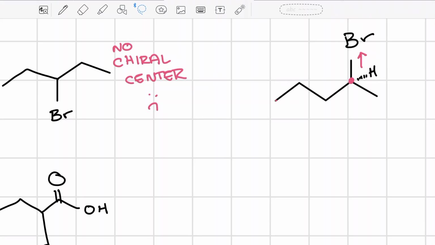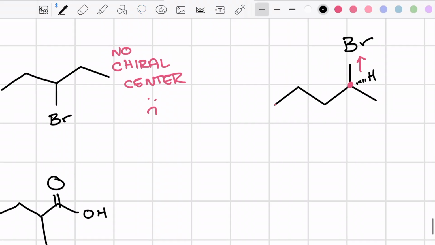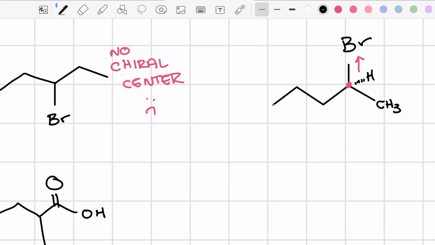Next to this carbon, we have a group here, and this group is a CH3. So CH3 is different from bromine, is different from hydrogen. Boom, we have 3 out of 4 of our groups. Now let's go back to this carbon here, and look to the left side. Here we have a CH2.